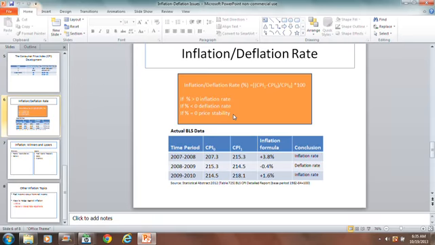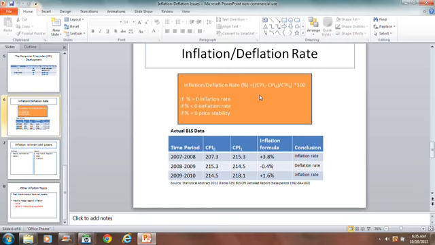So our goal for the economy is to have prices relatively stable, to have the percent change as close to 0 as possible. Now, in doing the designation of CPI 1 and CPI 0, for the period you're studying, whatever CPI is the most forward in time, that period's CPI will be CPI 1.